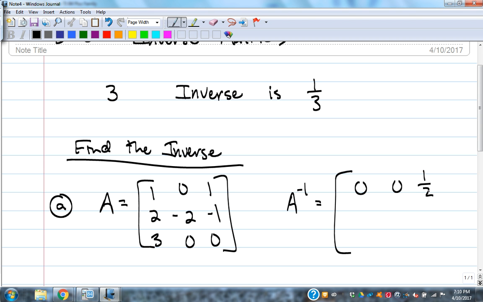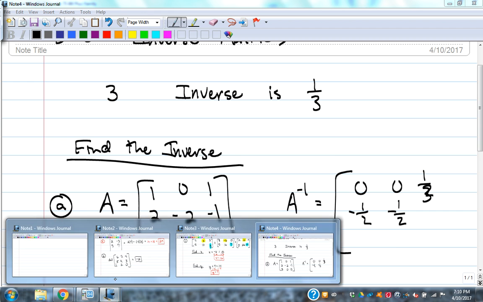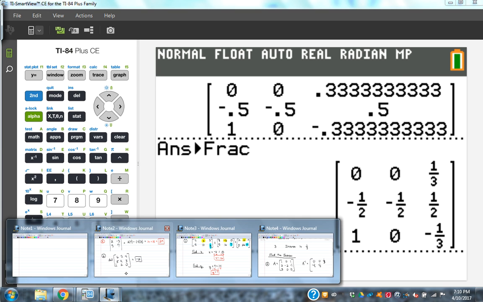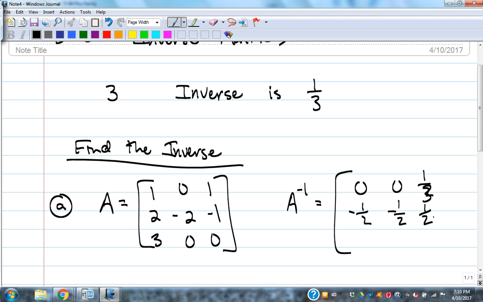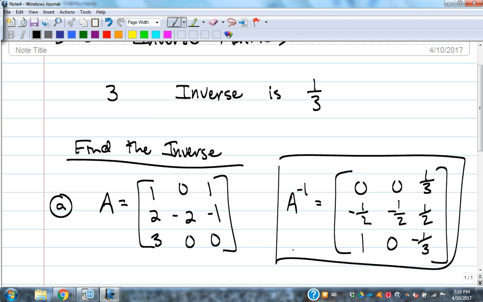We found the inverse matrix for a matrix of any kind. Okay, let's do another one.